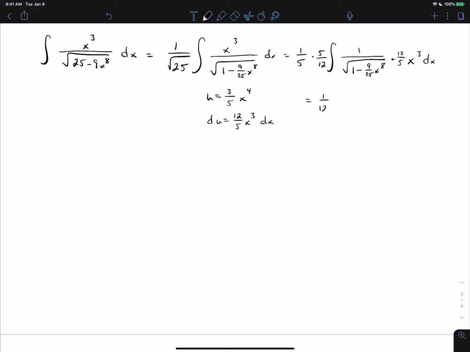That gets us 1/12 integral 1 over the square root of 1 minus u squared du. The integral of that is inverse sine of u plus c. So our final answer is 1/12 inverse sine of 3x to the 4th over 5 plus c.